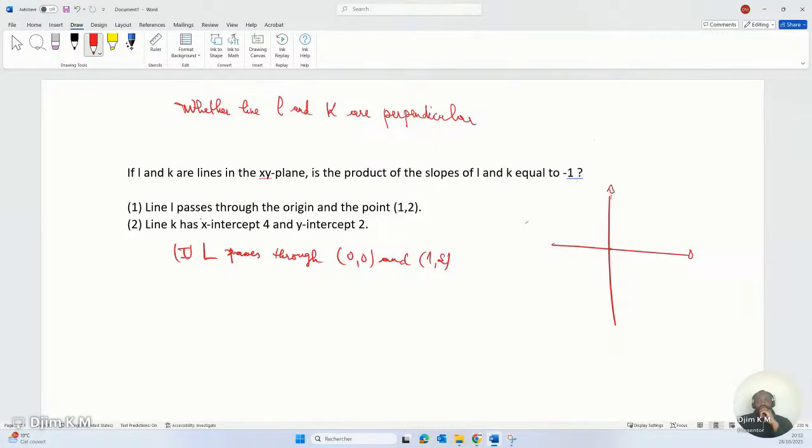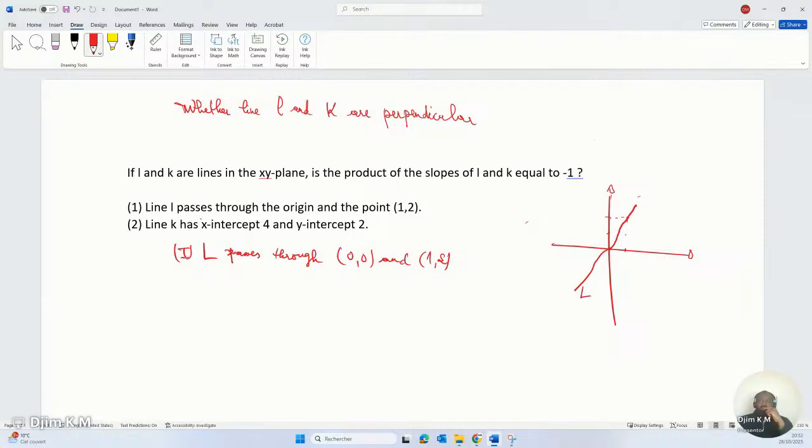So this is basically, no, I'm not drawing on this. This is L. But we don't have any information about K.